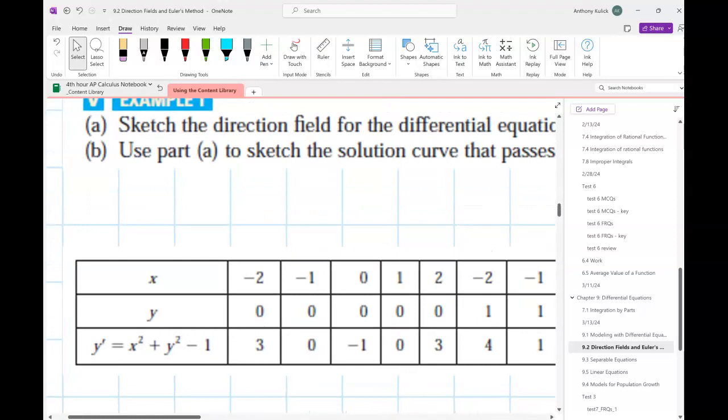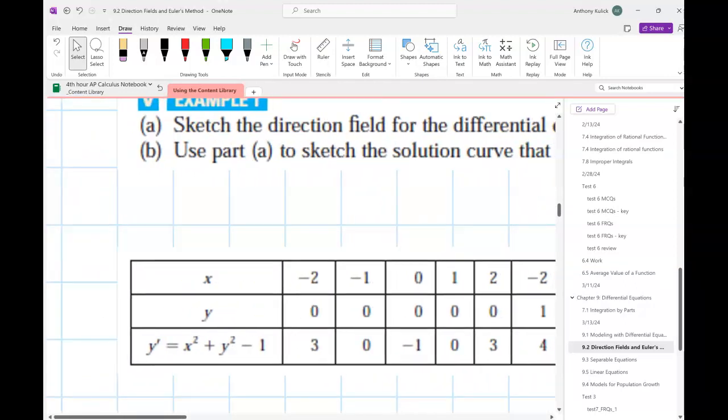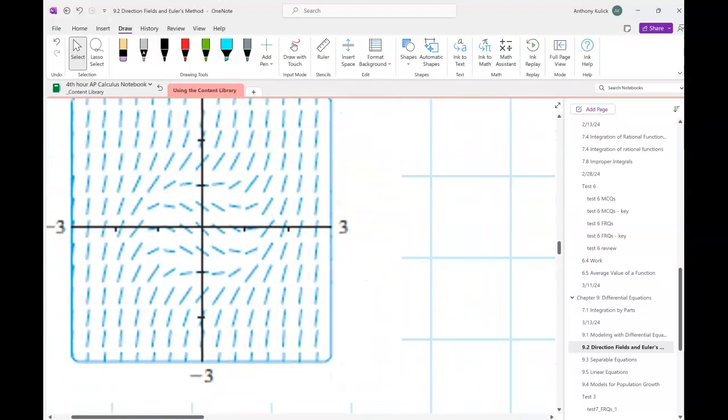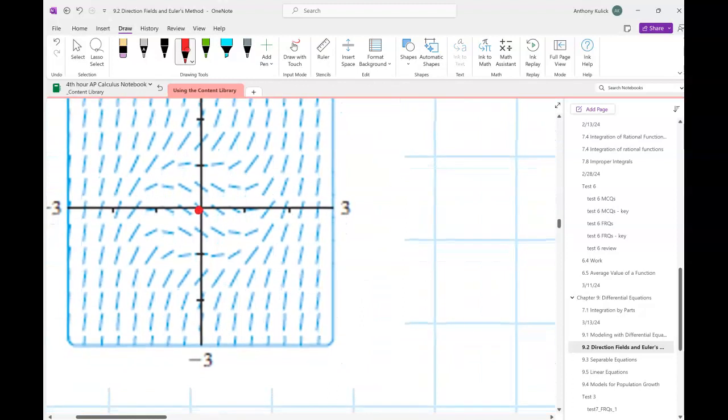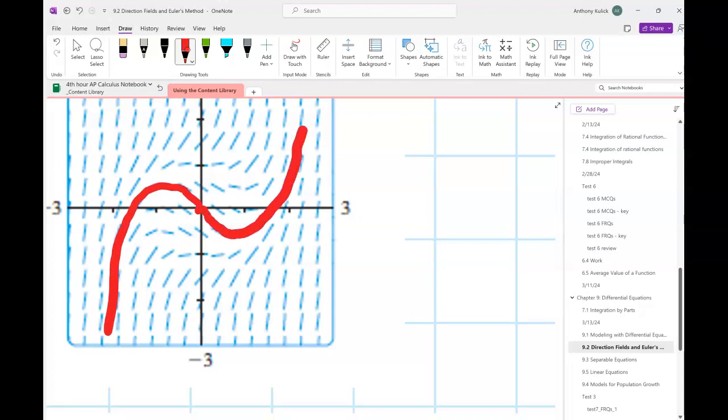And we want to sketch the thing that passes through the origin. So there's my origin, right? It looks to me like it's doing one of these and then one of those. I'm just following the slope segments, telling me how to draw the thing.